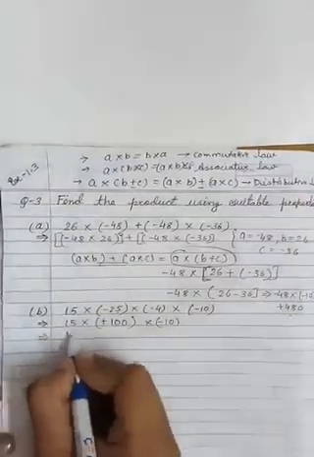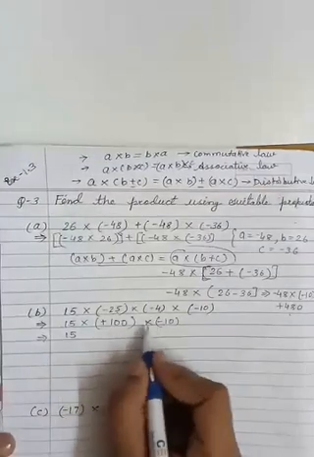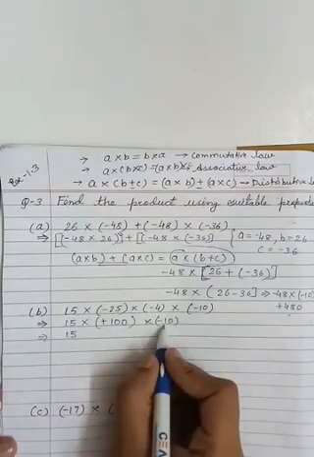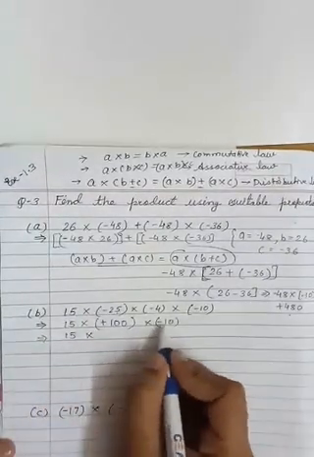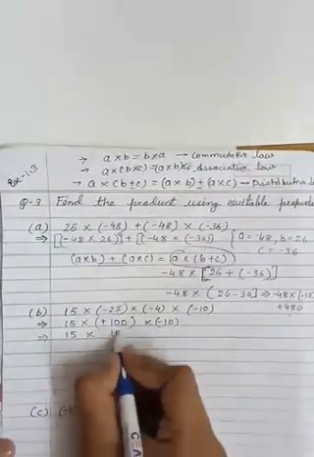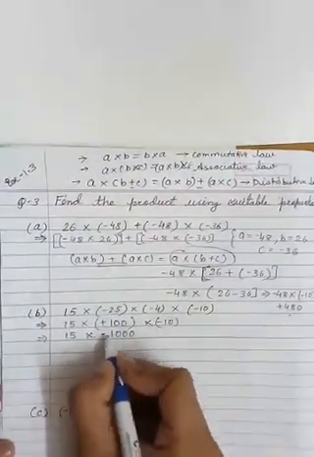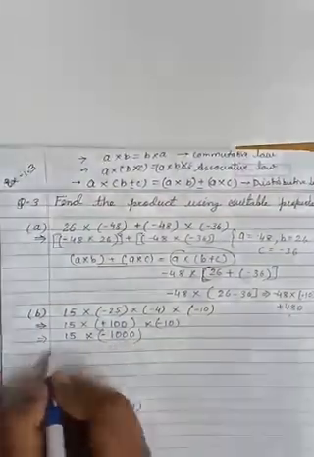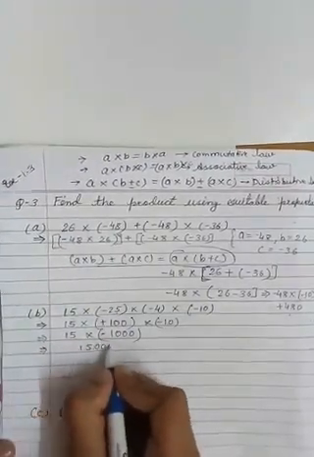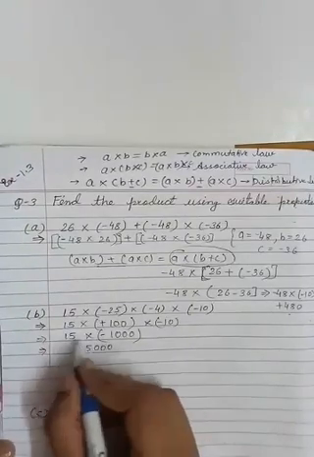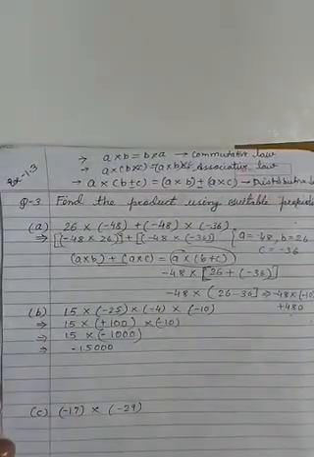Again no need to solve with this 15 first. Firstly we will multiply this 100 and 10 as it simplifies our solution. So 100 into 10 is what? 1000, and plus minus is minus. Now 15 into 1000 is simply 15,000, and again plus minus is minus, so minus 15,000 is the answer.